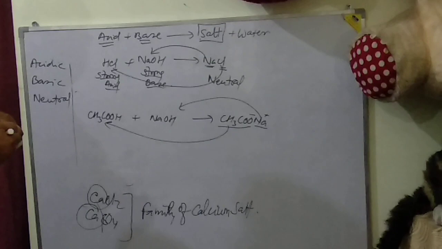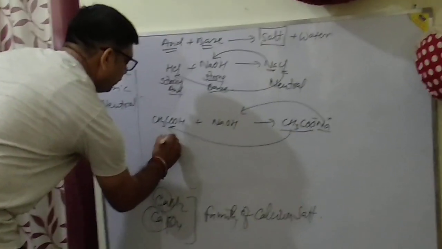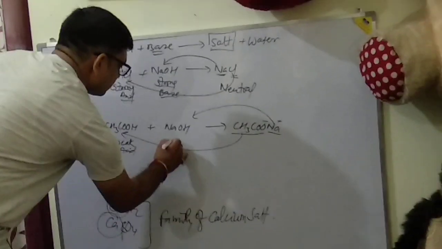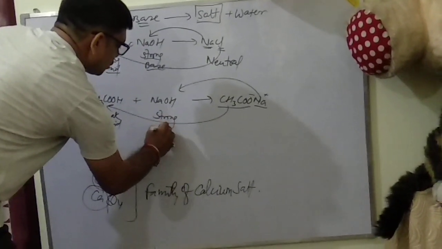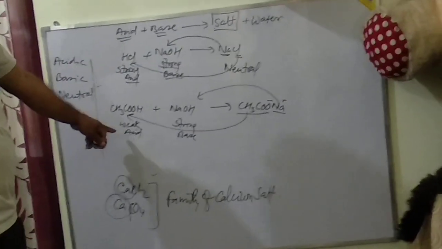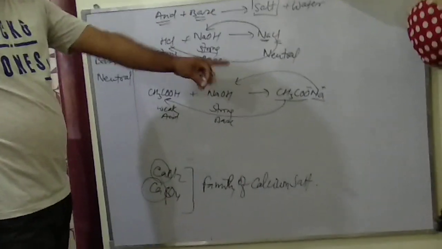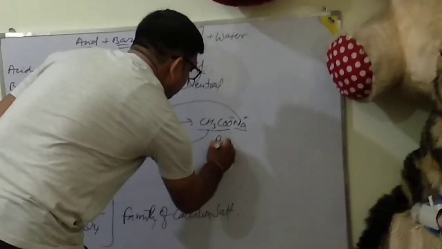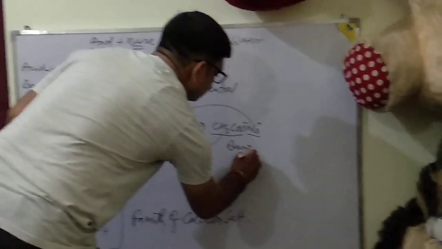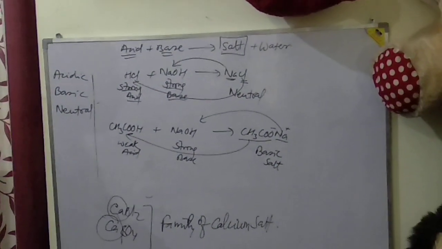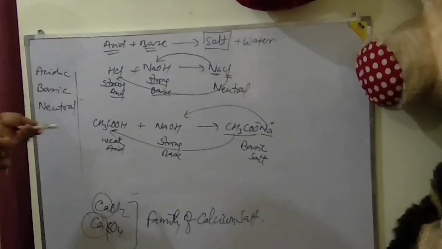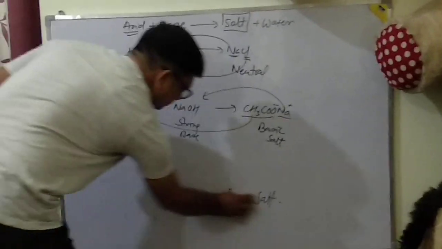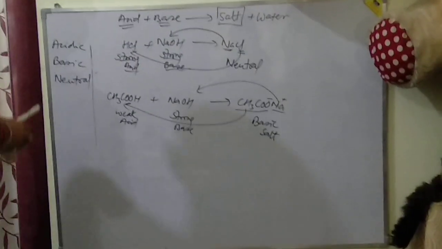What do we see? That this acid is a weak acid, and the base is a strong base. So when a weak acid reacts with a strong base, because the base is strong, the salt formed will be a basic salt.